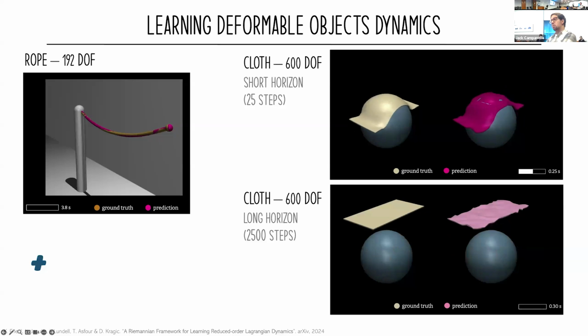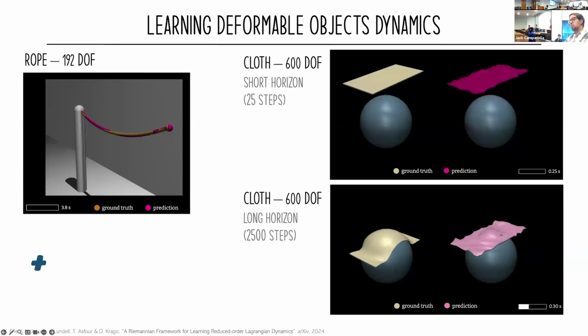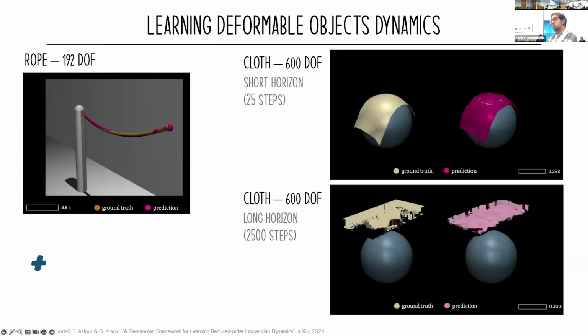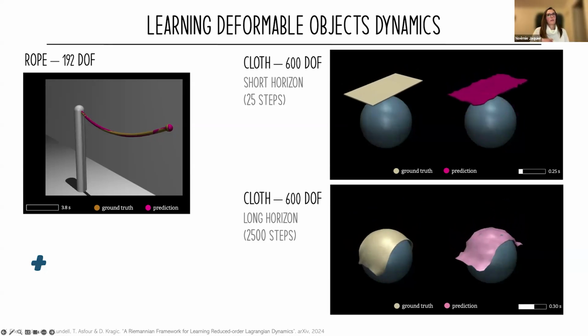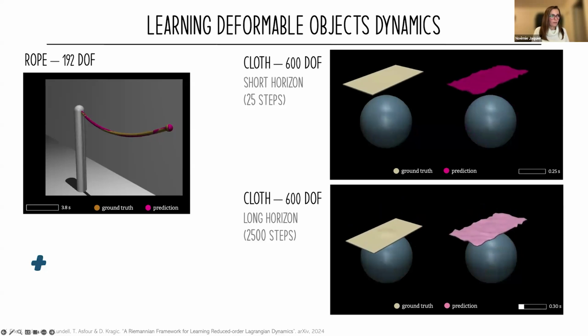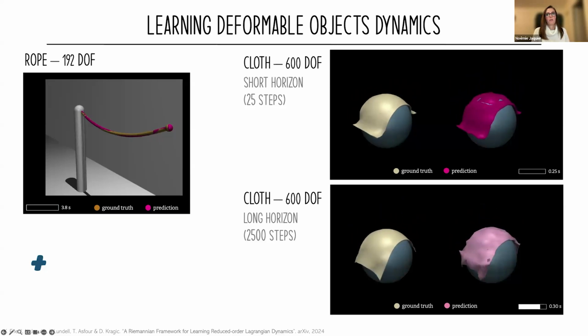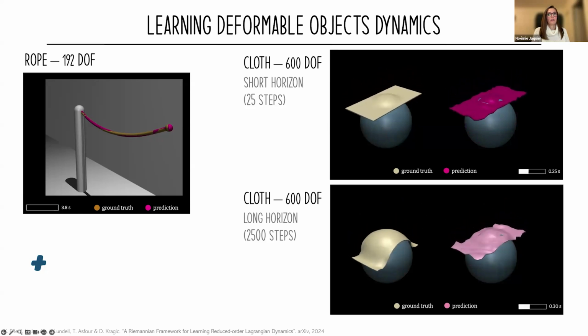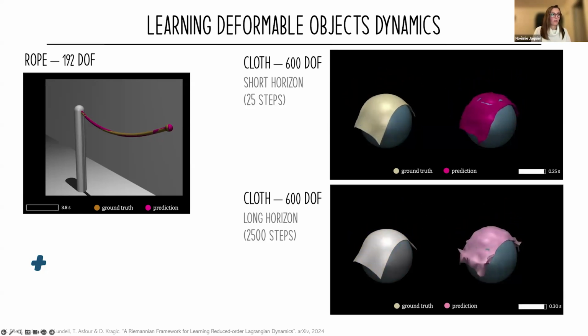And is that something that can be solved by having a little more data for long horizon? I'm not sure to which extent. I think it can probably be improved. Maybe more data, not even.